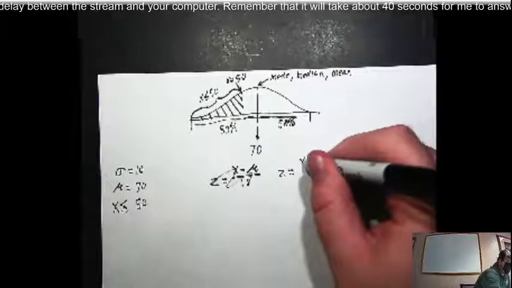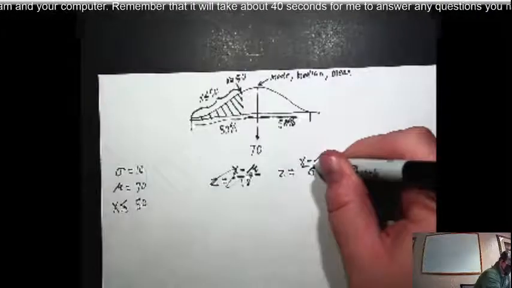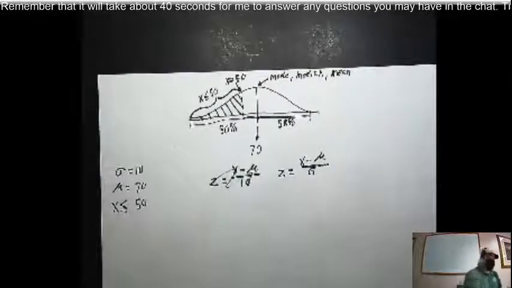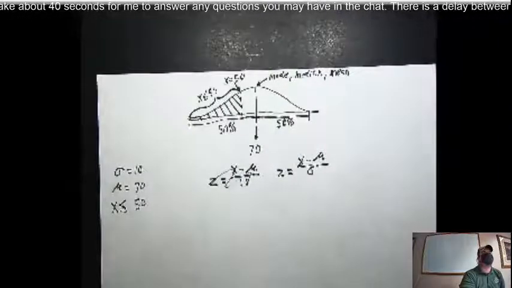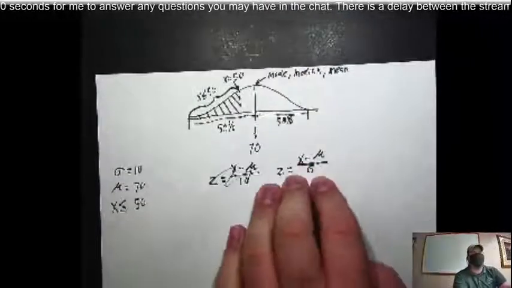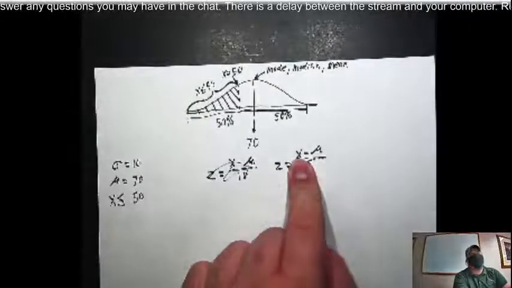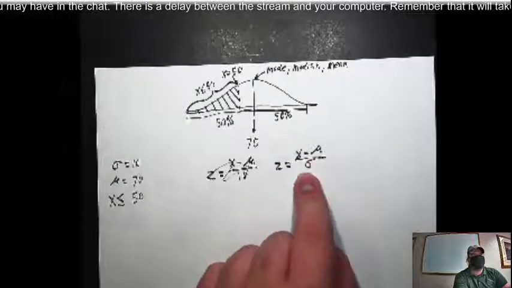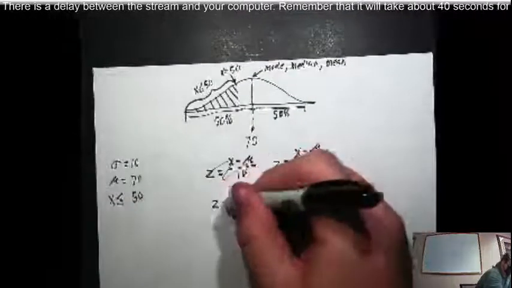Z equals x minus the mean, mu, over sigma, standard deviation. Okay, so this is our formula. Any point that we're looking at any given time is going to be our x, then the mu is mean, and sigma is standard deviation. So we can plug these numbers in.